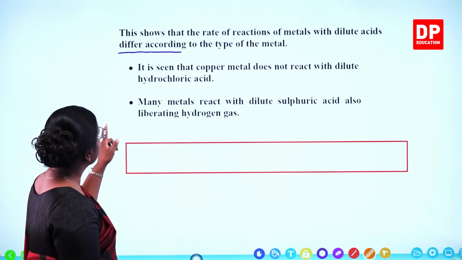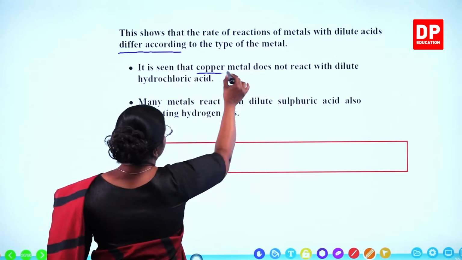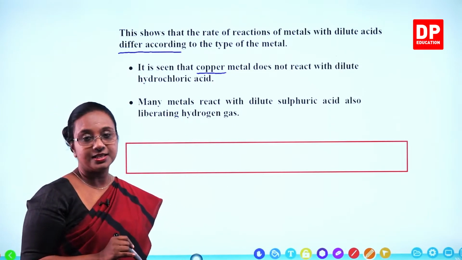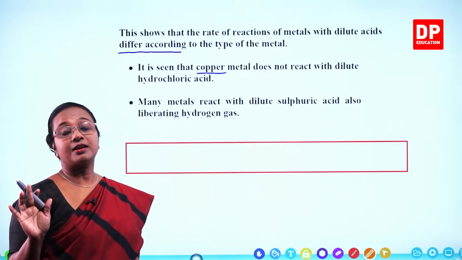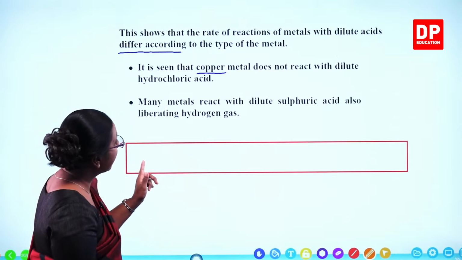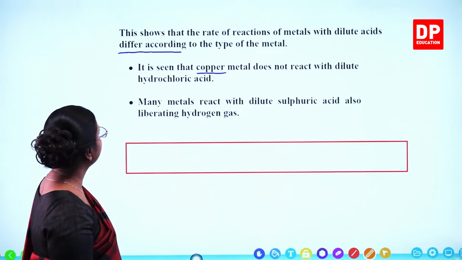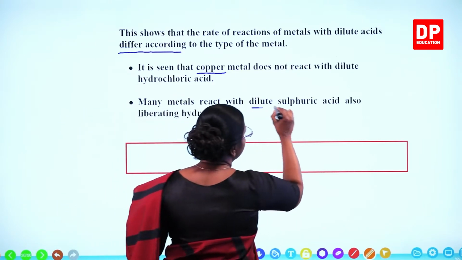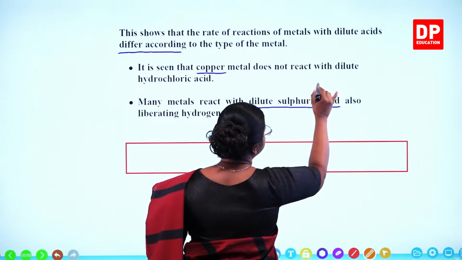Copper does not react with dilute hydrochloric acid. And many metals react with dilute sulfuric acid, also liberating hydrogen gas. This is also something you need to remember, students.